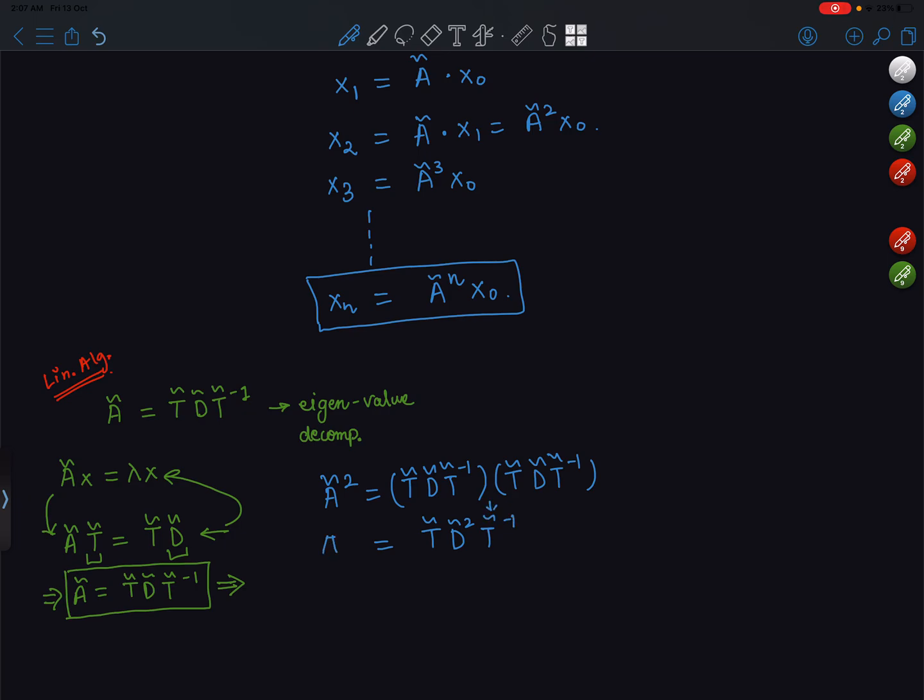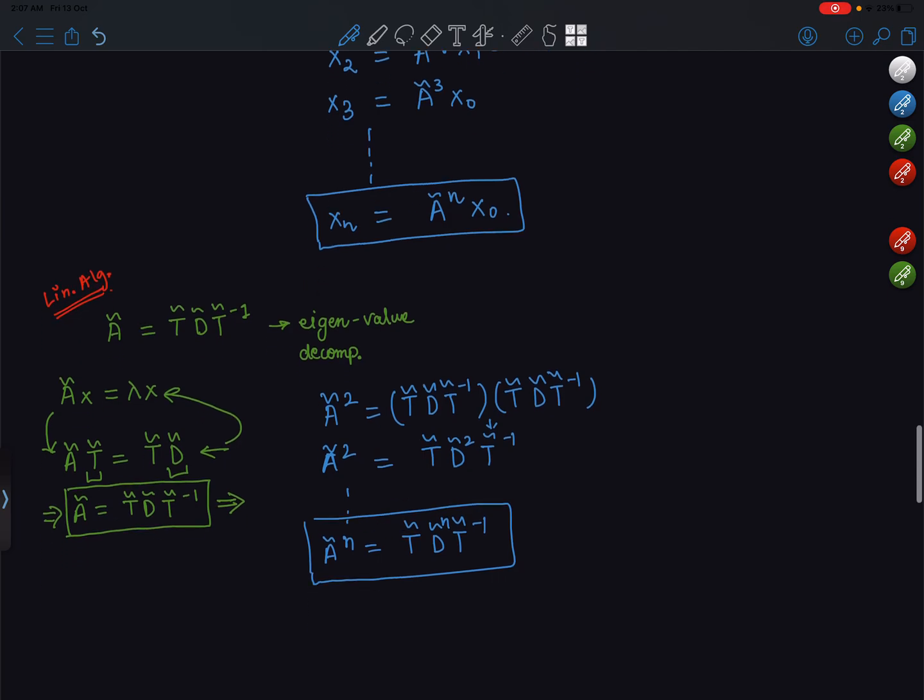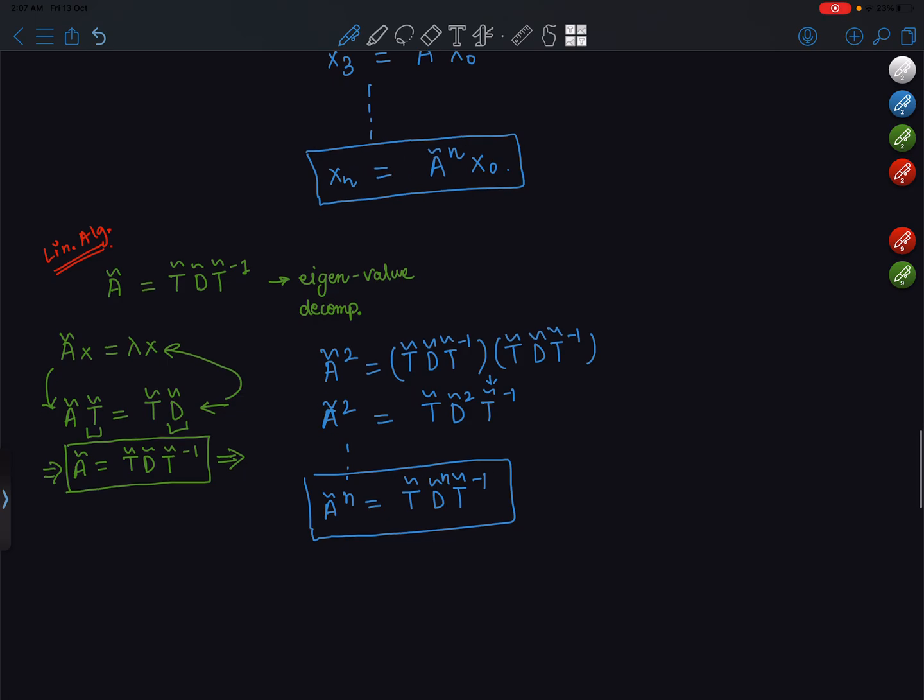So A tilde square is actually this, and similarly you can prove A tilde to the power n is equal to T tilde D tilde T tilde inverse, where D tilde is to the power n. Okay, so this is what we can write, and so we'll put this equation.